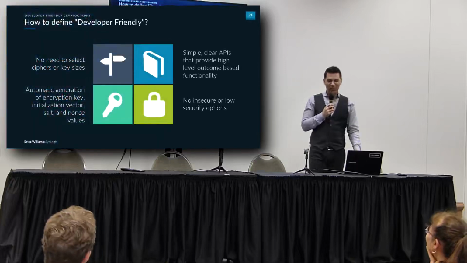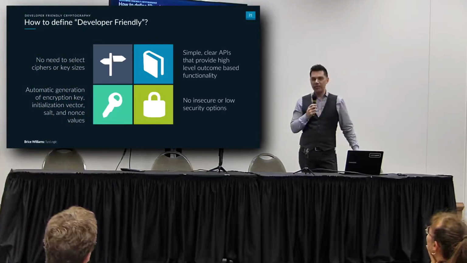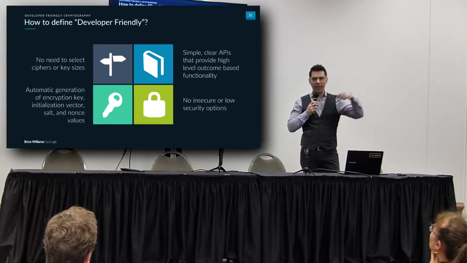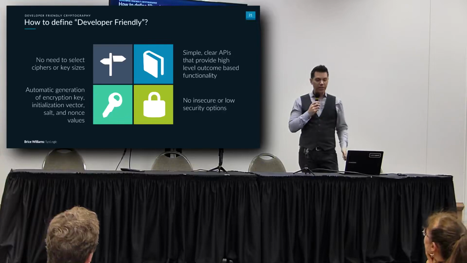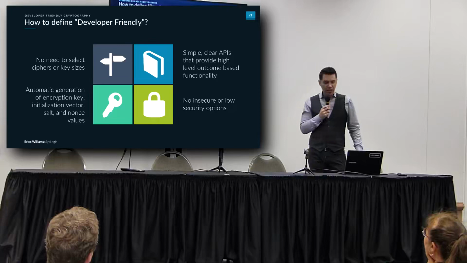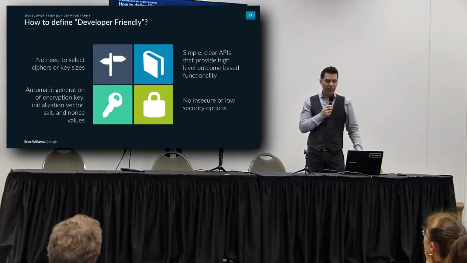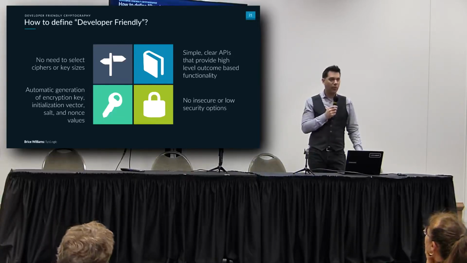So how to define developer-friendly? Here's 4 different things that to me mean it's developer-friendly, like takes it to that next level. There's no need to select ciphers or key sizes. There's automatic generation of encryption key, initialization vector, salt, and nonce values. There's simple, clear APIs that provide high-level outcome-based functionality.